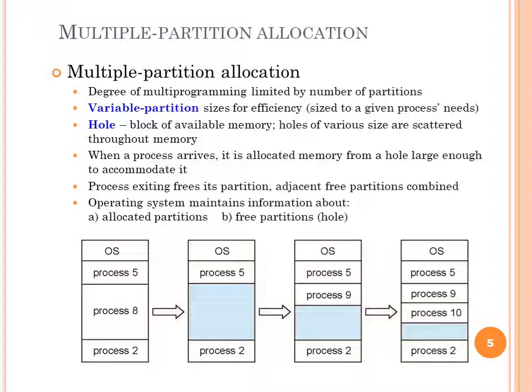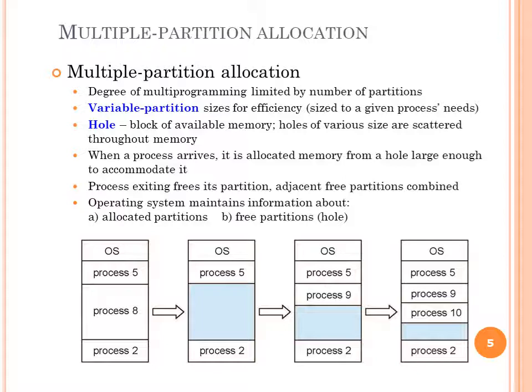Here, the operating system keeps a table indicating which parts of the memory are available and which are occupied. Initially, all memory is available for user processes and is considered as one large block of available memory, known as a hole. Eventually, memory contains a set of holes of various sizes.